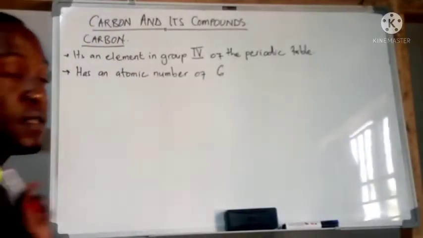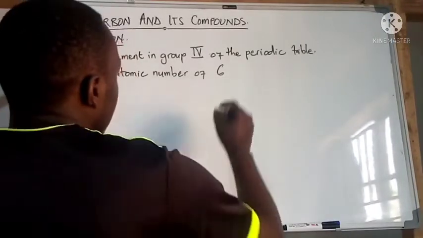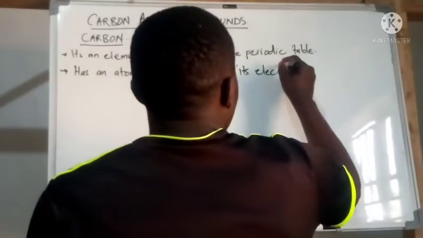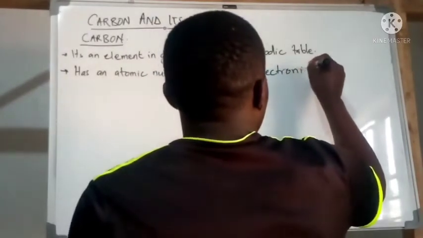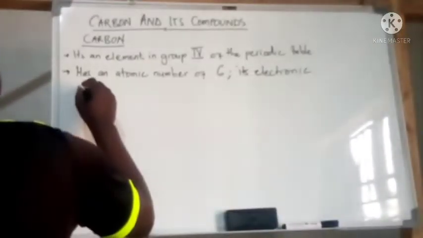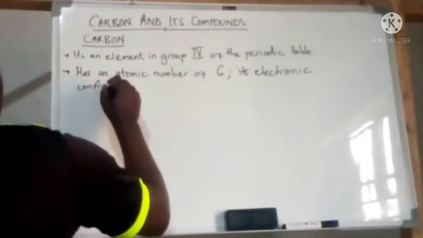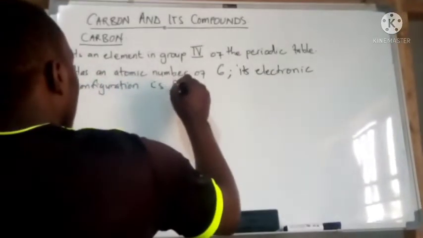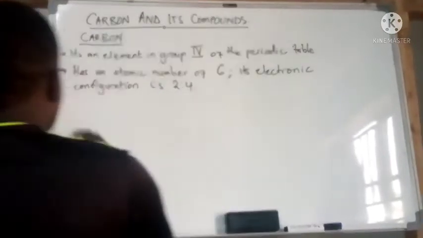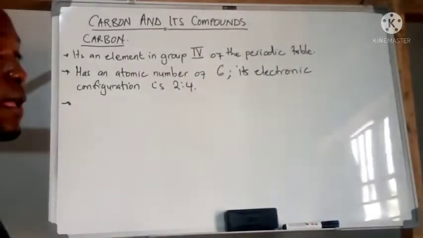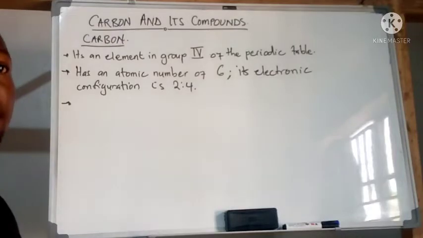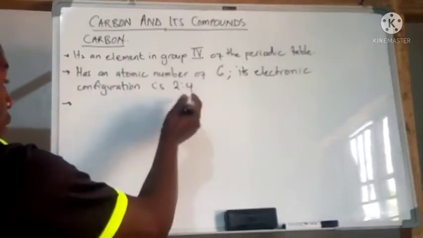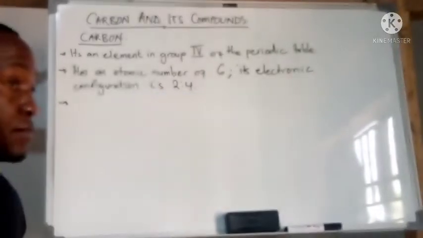And because of this atomic number of 6, its electronic configuration is 2,4. Because of that, it gives carbon a stable valence of 4.